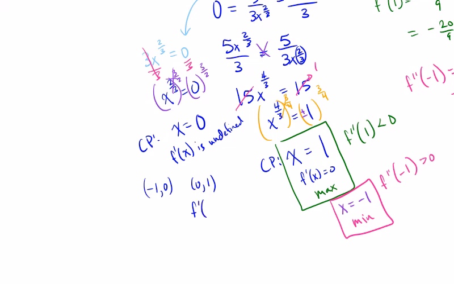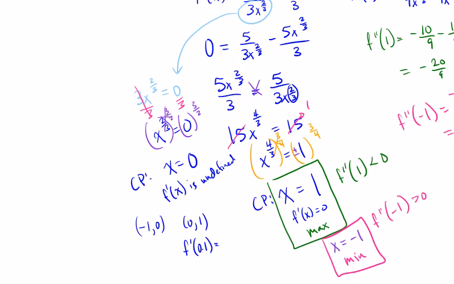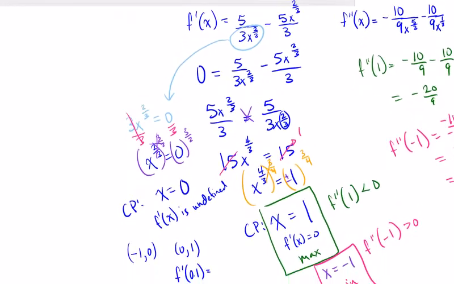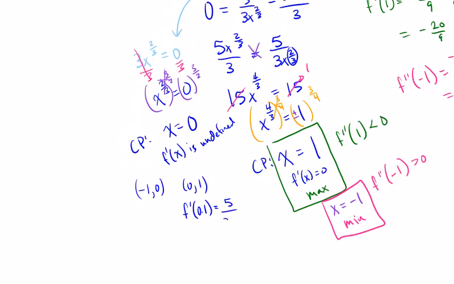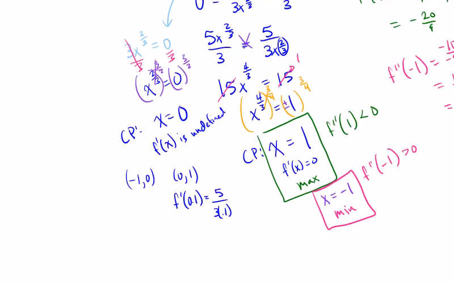So f primed at 0.1 is going to be, what is it, 5 over 3 times 0.1 to the 2/3 power minus 5 times 0.1 to the 2/3 power all over 3. Okay, so go ahead and plug that in your calculator and see what you get, and then let's do the other one at the same time.